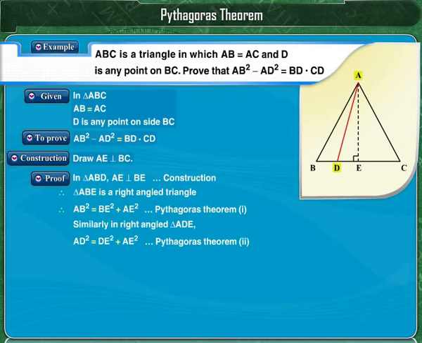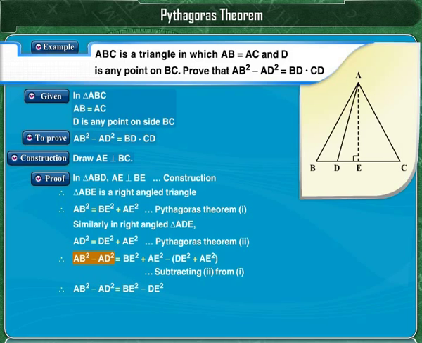Subtracting AD squared from AB squared, we get AB squared minus AD squared is equal to BE squared plus AE squared minus (DE squared plus AE squared). After solving and factorizing, we get AB squared minus AD squared is equal to (BE minus DE) into (BE plus DE).